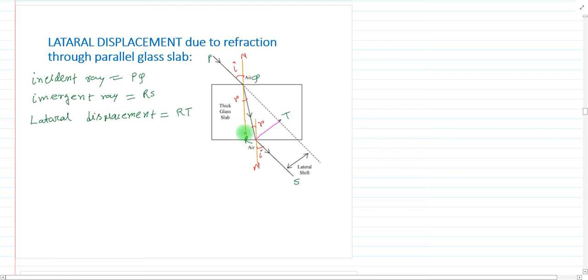If I join this one, suppose this is R, P, S, and suppose this one is M. Here you see a triangle QMR. Let T be the thickness of the glass.